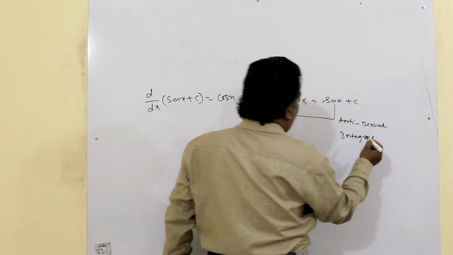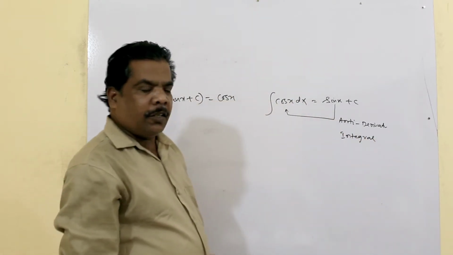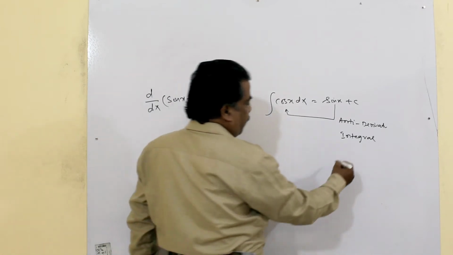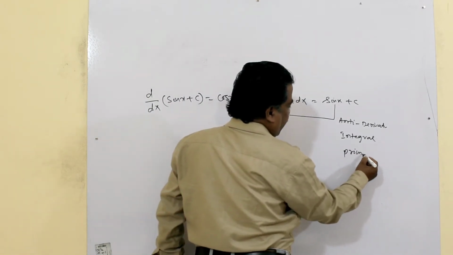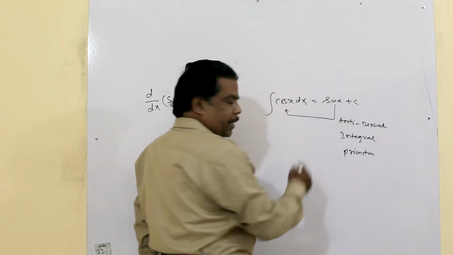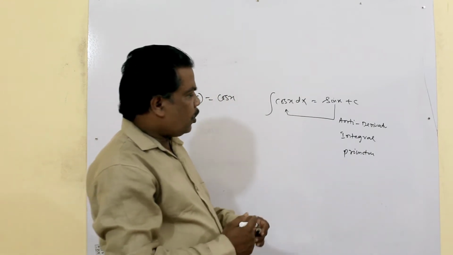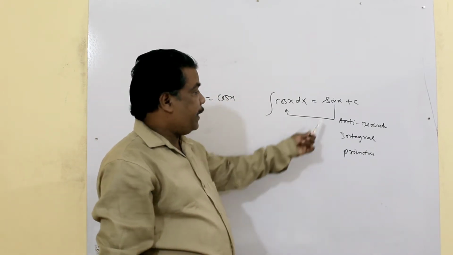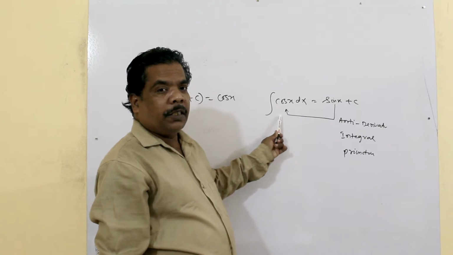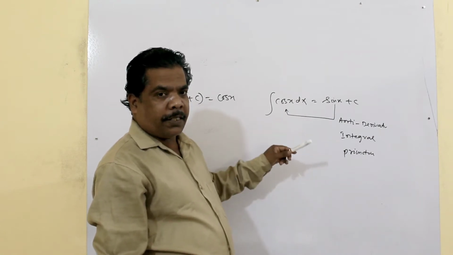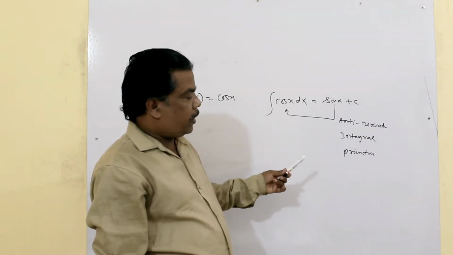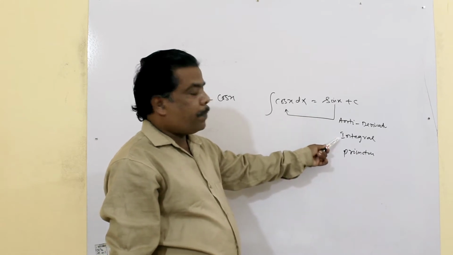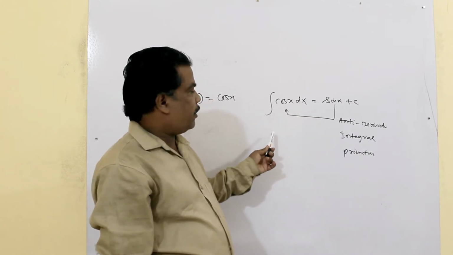Sin x is the integral of cos x, or sin x is the primitive of cos x. So the method to obtain the integral is called integration. The process, the rule, or the method to obtain the integral is called integration.